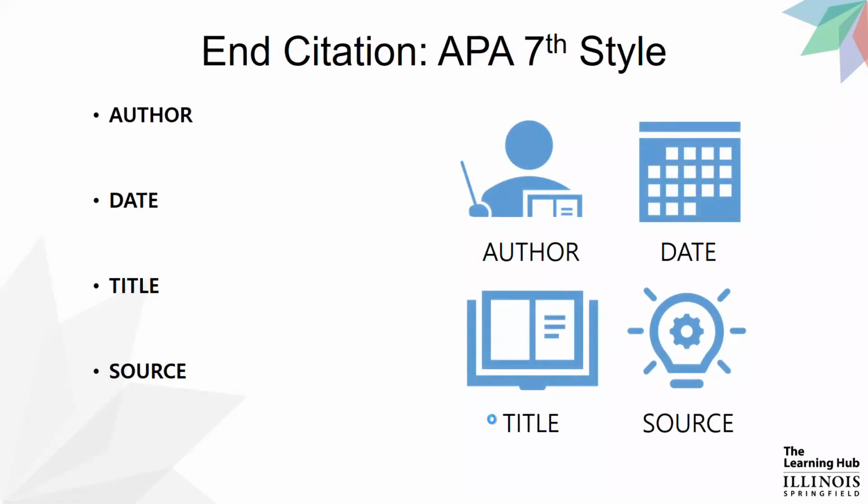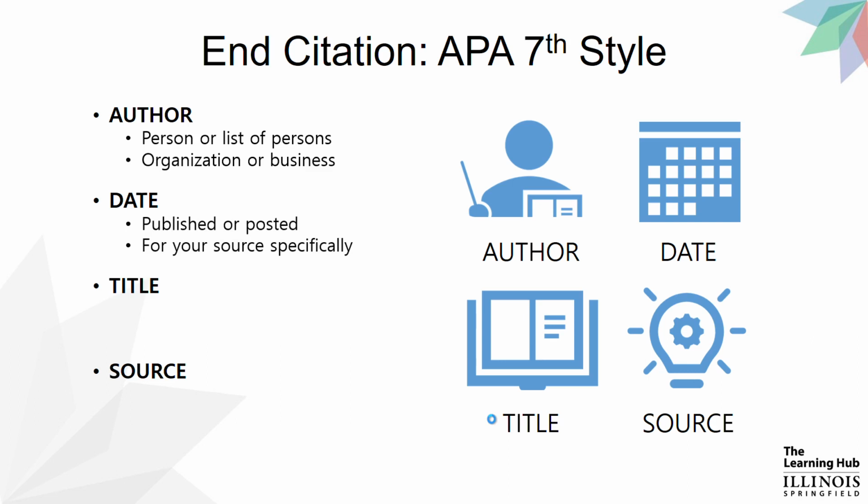Now in APA, there are 4 different categories of information you include in an end citation. That includes the author information. The author can be a person or a list of persons, so actual people, or an organization or a business. So you might have Jane Smith and John Doe contributed an article to a certain journal, so you'd list them, or it's a report from the ACLU or something like that.